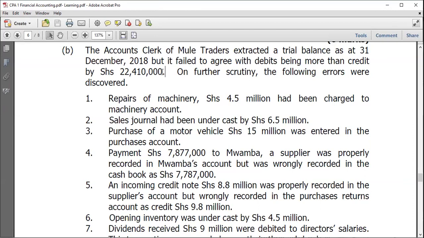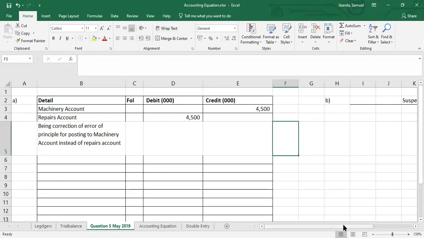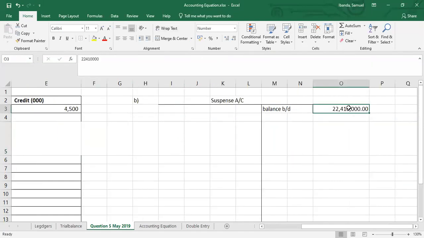And that is why we took this value into our suspense account and recorded it on the credit side, because it's the credit side that was less than the other.